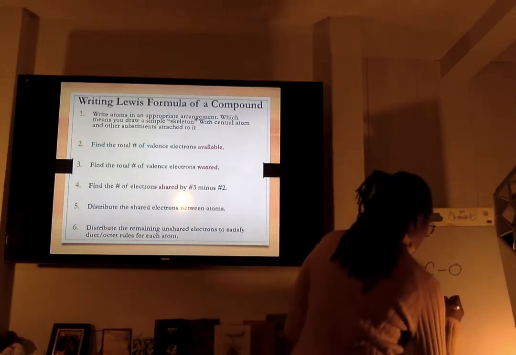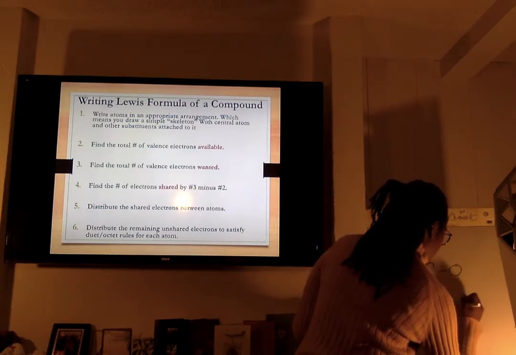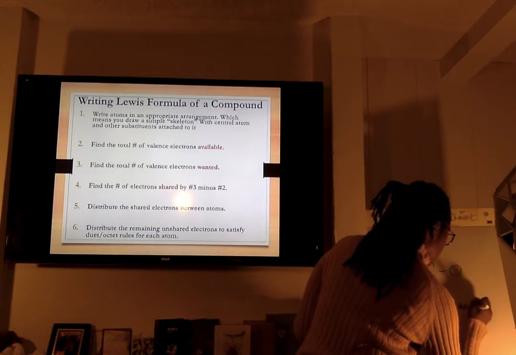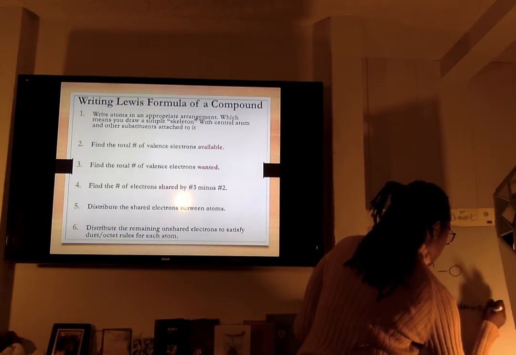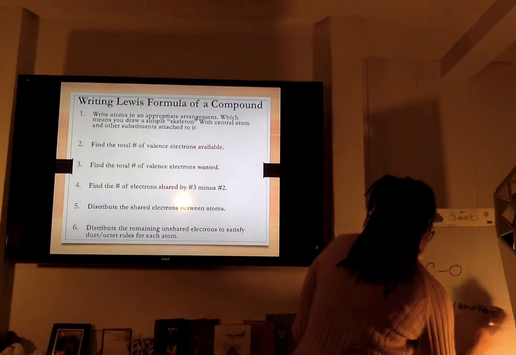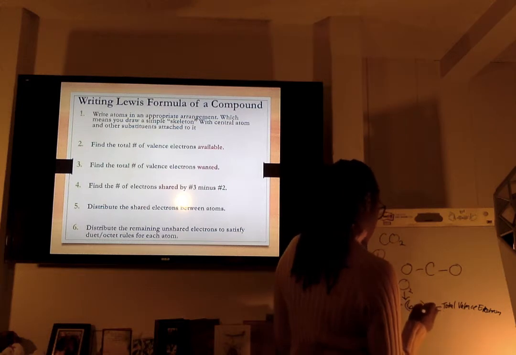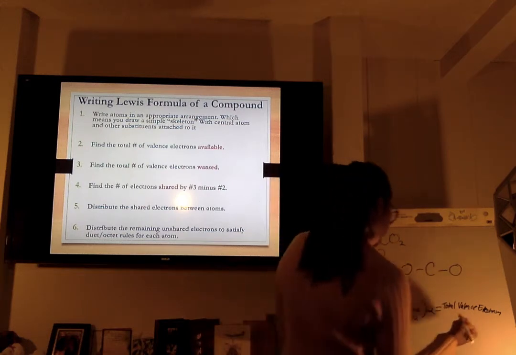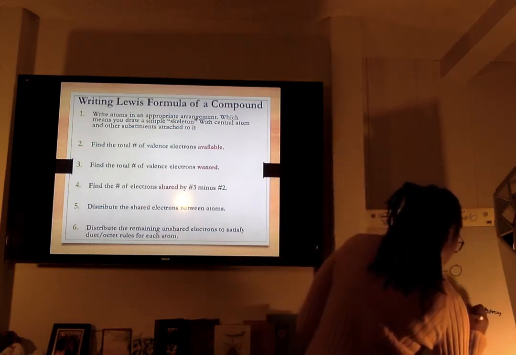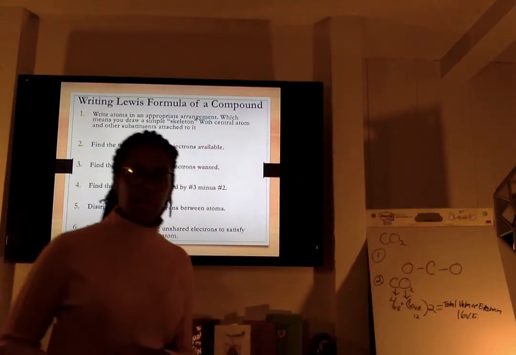So then my total valence electrons is 4 plus 12, which is 16. Okay, 16 valence electrons.